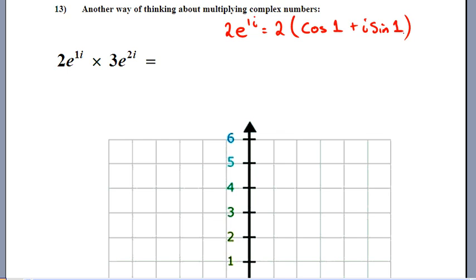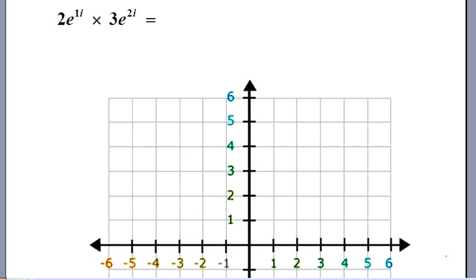So it's been rotated by 1 radian, and it's actually 2 long. So I'm just going to draw that in red. Remember, 1 radian is about 60 degrees, and this thing is 2 long. So if I just imagine drawing something at a 60-degree angle, somewhere roughly in here.